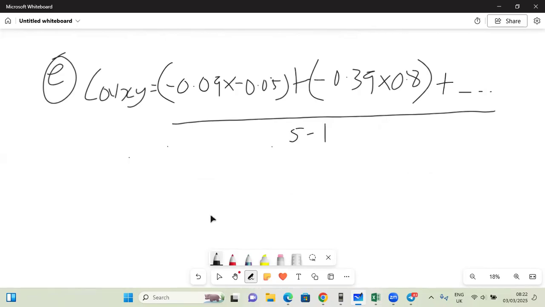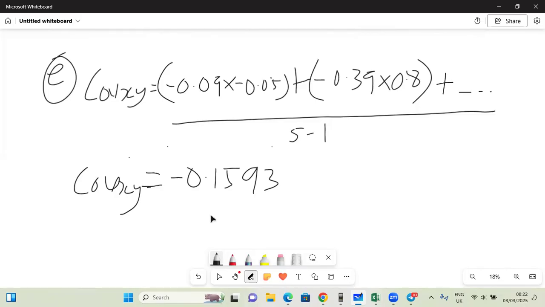So when you continue, you are going to get a covariance of X and Y to be around negative 0.1593. Something around this.